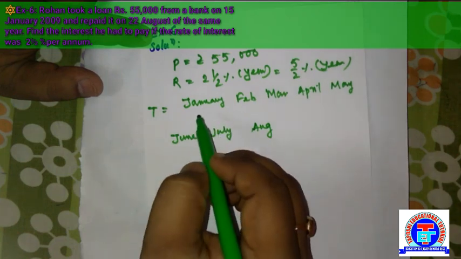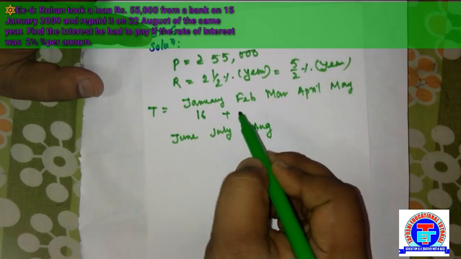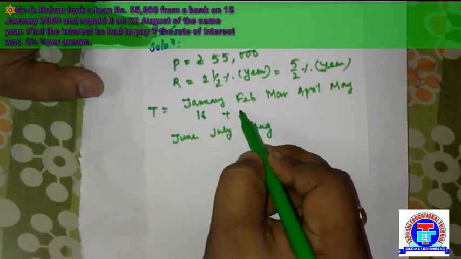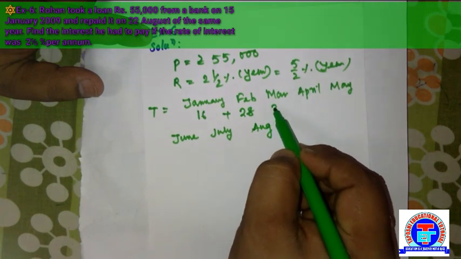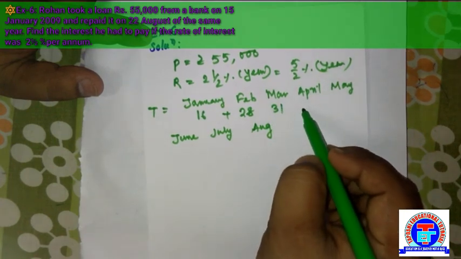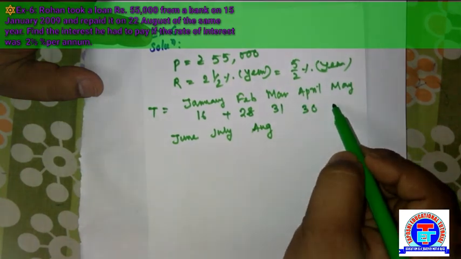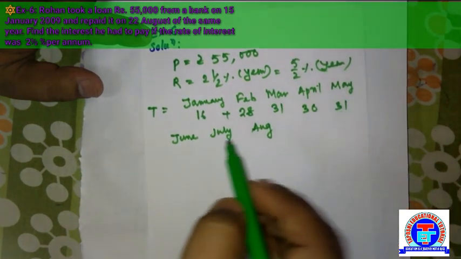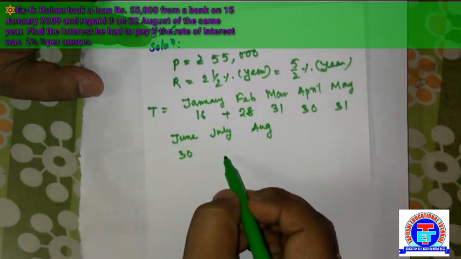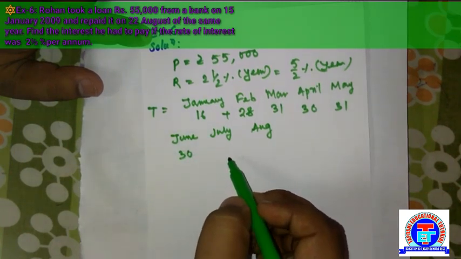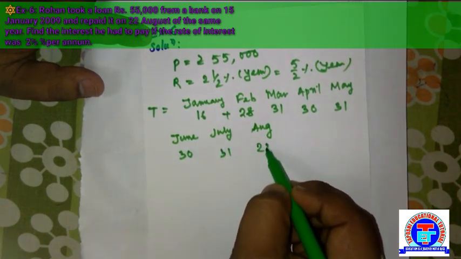So here January, how much? 16 days, plus February 28, March 31, April 30, May 31, June 30, July 31, and August 22.